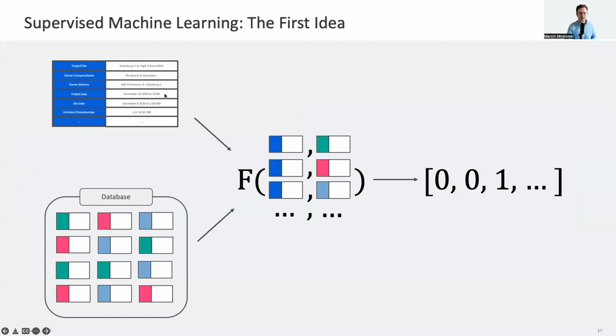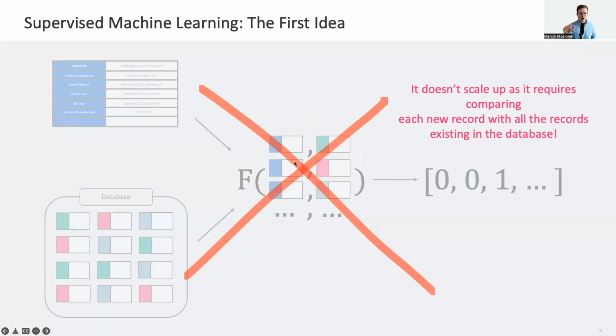So for each new record, we could pair it with all the other records in the database and ask the classifier if any of the pairs constitute a duplicate. Obviously, such a solution wouldn't scale up, as it would lead to running the classifier on several millions of pairs for each new input, and we needed something better.